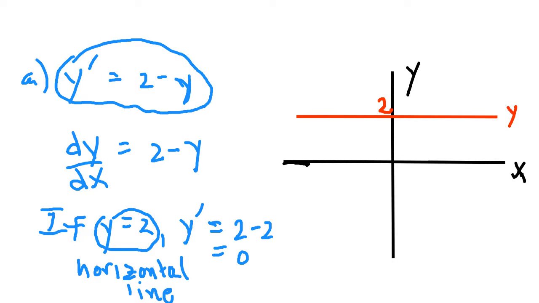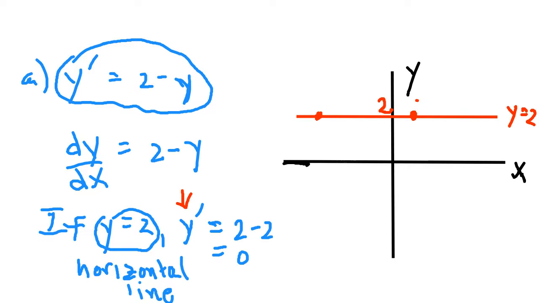This is the line y equals 2. And what it's saying is that the derivative y prime equals 0. So whenever y equals 2, it doesn't matter what the x is.